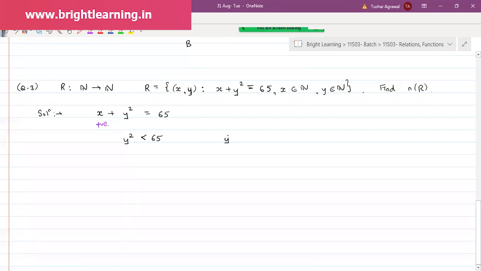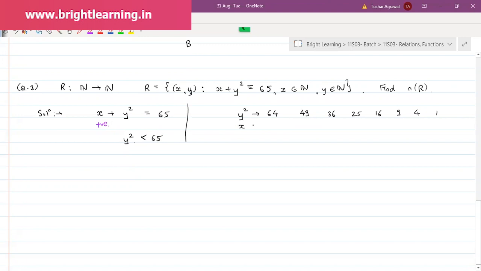So y square can be either 64, which is 8 square, 49, which is 7 square, or less than that 36, or maybe 25, 16, 9, 4 and 1.